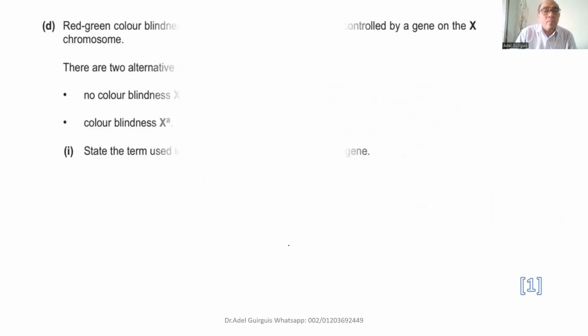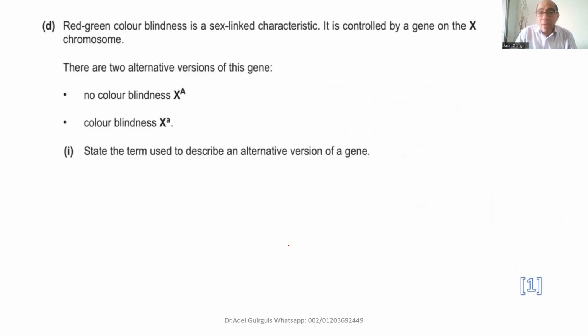Now, red-green color blindness is a sex-linked characteristic. It is controlled by a gene on the X chromosome. Sex-linked characteristics are linked with sex, linked with the gender of the person, so their genes may be found on the X or Y chromosome.